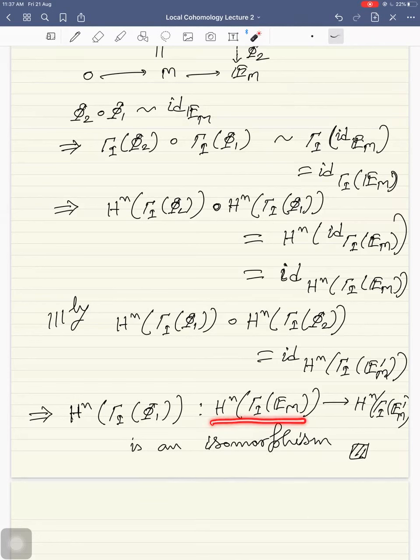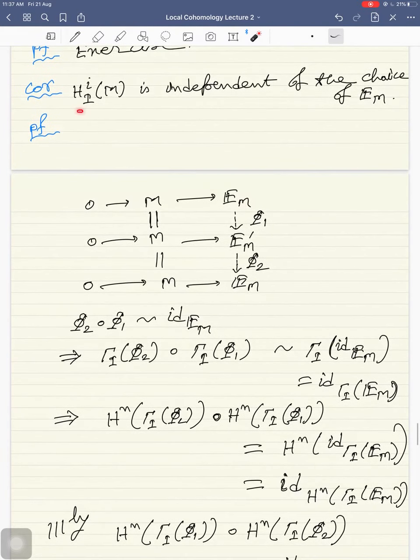This is just the ith cohomology module of M with respect to the ideal I when you consider this injective resolution, and this one is just the ith cohomology module of M with respect to I by considering this as the injective resolution of M, and both are isomorphic. So that means whether you use this injective resolution or this injective resolution, you will get the same object. So it is independent of the choice of injective resolution of M.